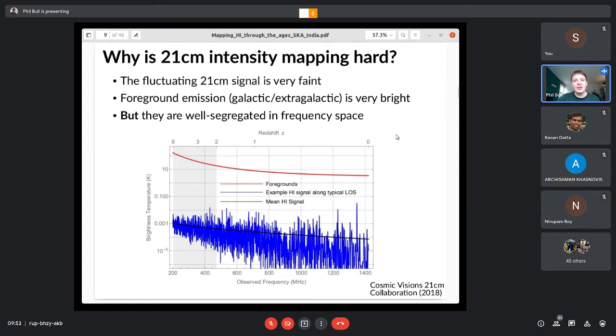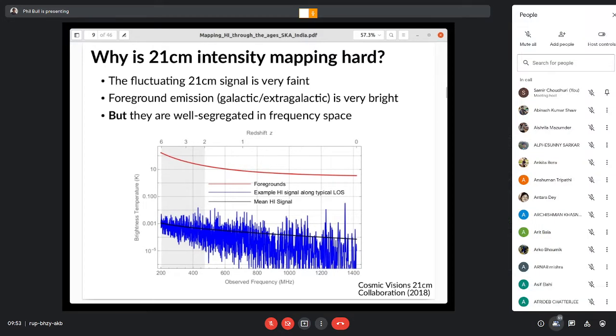That's the blue line, and we've just chosen one particular line of sight. The fluctuations will be different depending on which direction the telescope is looking in. I'll just point out this frequency range is mostly the late-time frequency range, so redshifts from about 0 up to, I guess, 6 or 7, something like that.